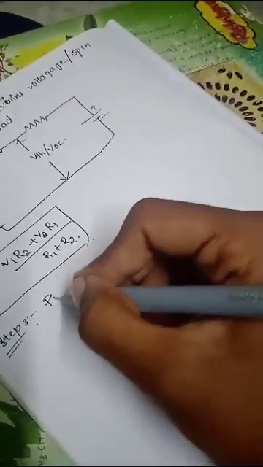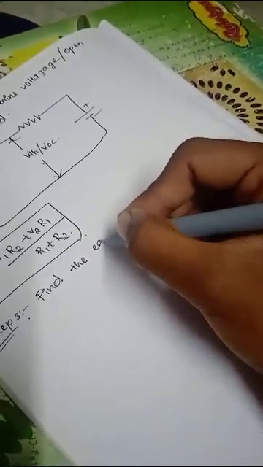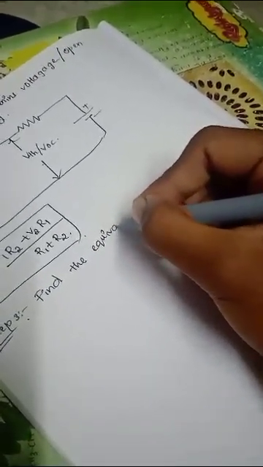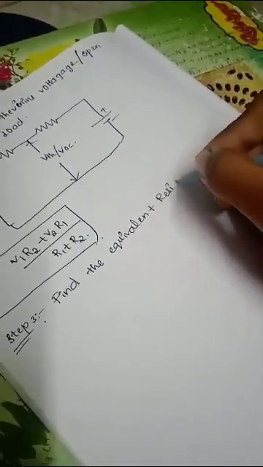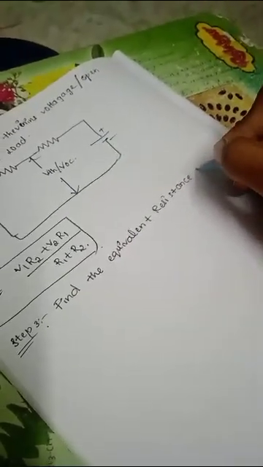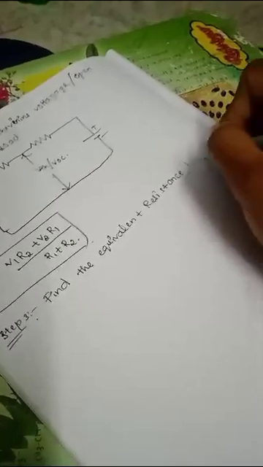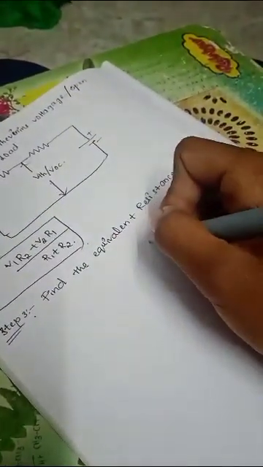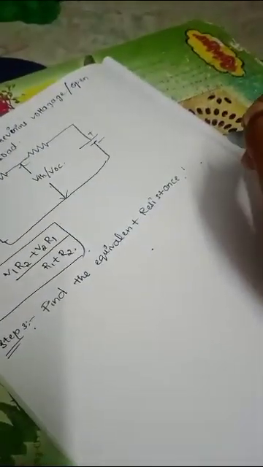We have to find the equivalent resistance. Here we have to replace the internal resistance with the other energy sources.